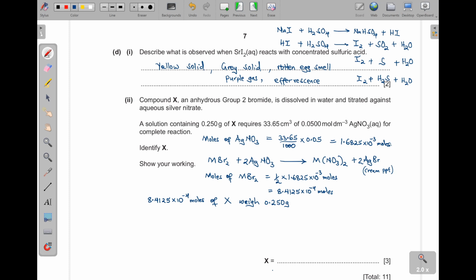Now, from here, we know that for a compound, 1 mole of a compound weighs its molecular mass. So how about 1 mole?